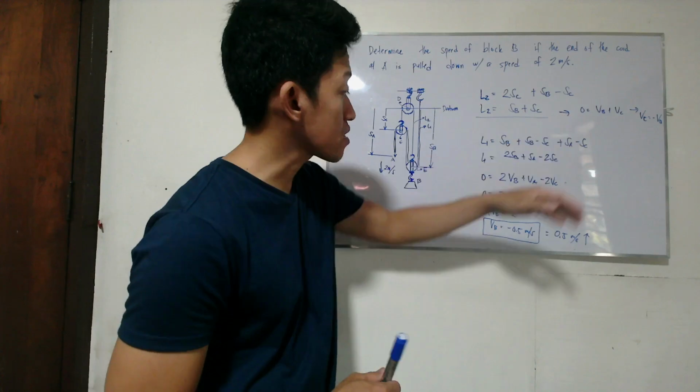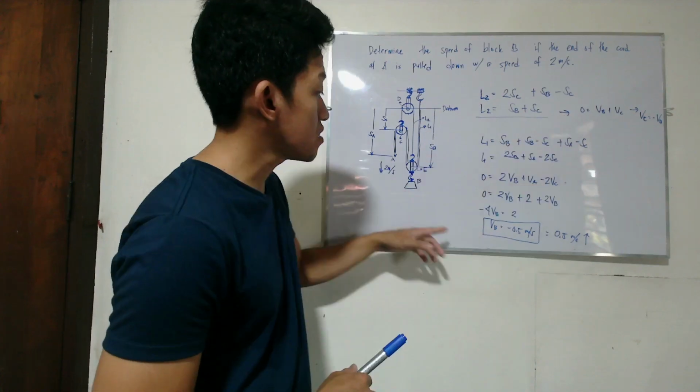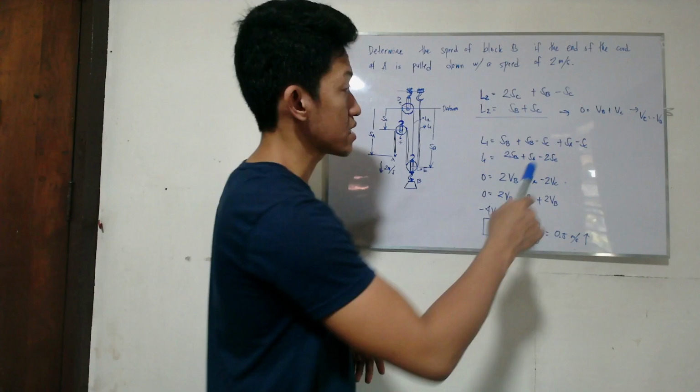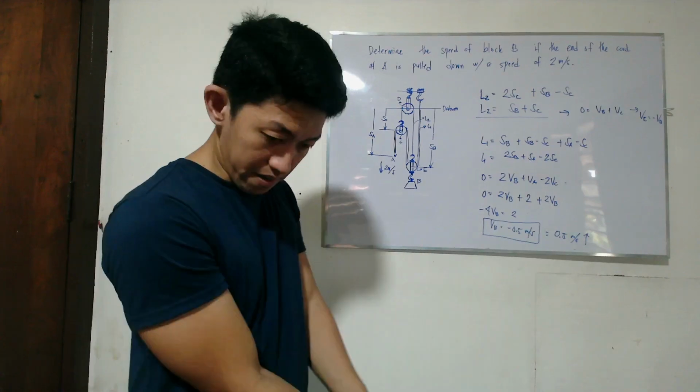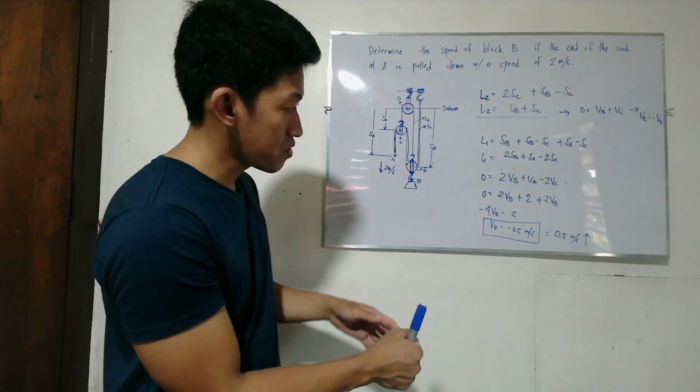Since A is given, you substitute it and you have the relation for velocities B and C. That is how you come up with 0.5 meters per second. Meaning, when A moves 2 meters per second, B moves up at 0.5 meters per second.